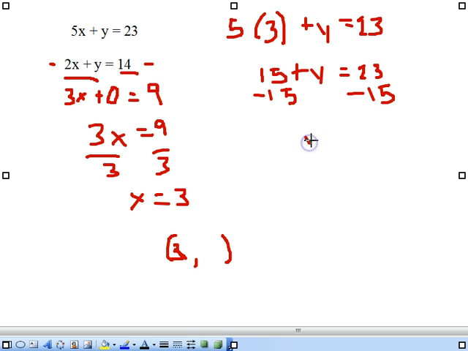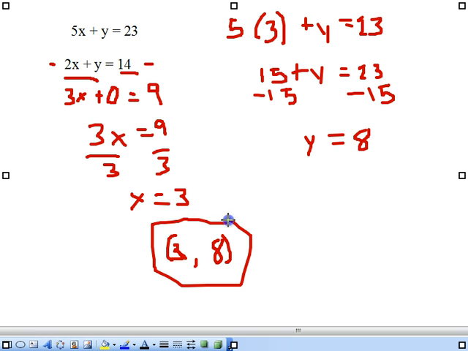And then you get y equals 8. Okay, and so your solution, the answer you're looking for in this problem, is (3, 8). So when you solve by using the subtraction method, you just simply subtract both sides of your equations.